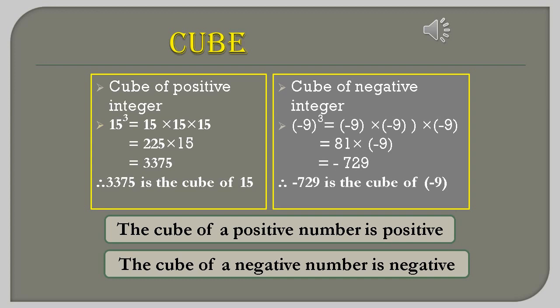Therefore, minus 729 is the cube of minus 9. What did you notice about the sign of a number and the sign of the cube? Of course, the sign of the number and its cube is the same. Therefore, we can say that the cube of positive number is positive and the cube of negative number is negative.